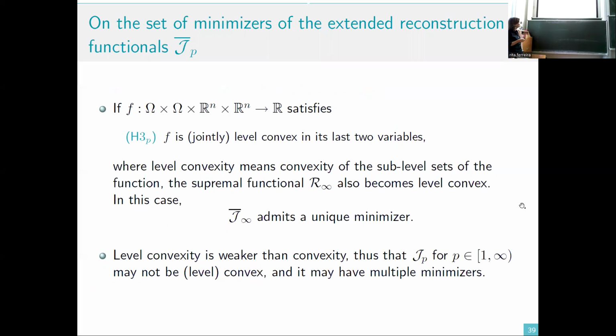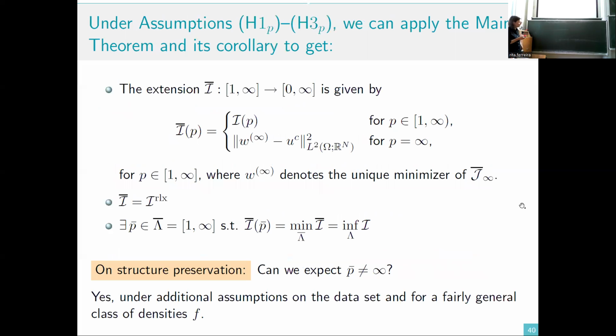And then for the other cases, you have existence of minimizers, not necessarily unique, but with that you don't care. We only care about uniqueness of minimizers at the extreme points that don't belong to the original set. And then if you put all these assumptions together, you can plug in and find the extended cost function.